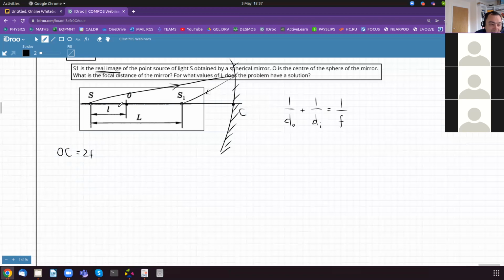SO is L, that's easy. SS1 is L capital. We need SC and S1C. So SC, this distance. OC is 2F and SO is L, so it's going to be L plus 2F.